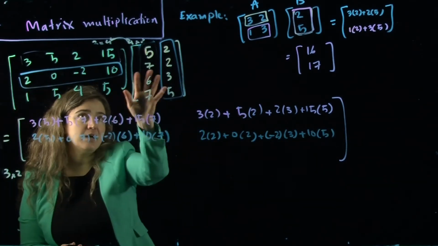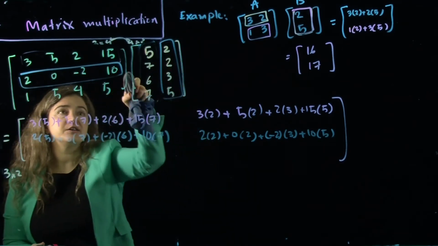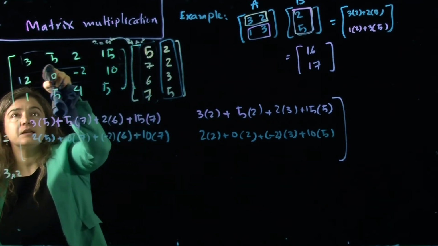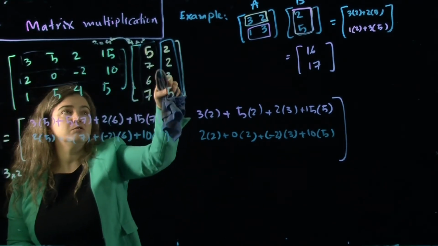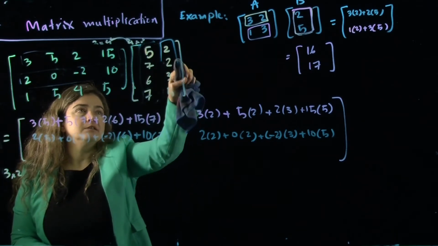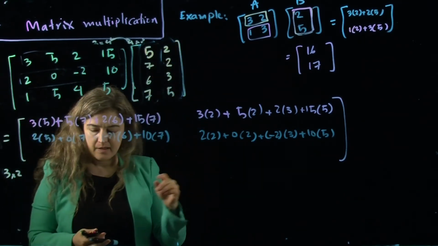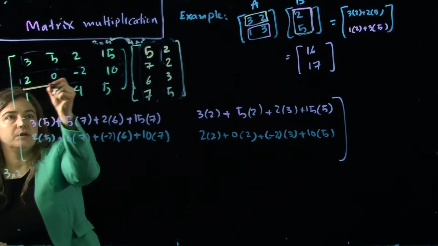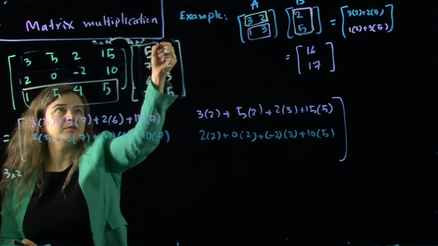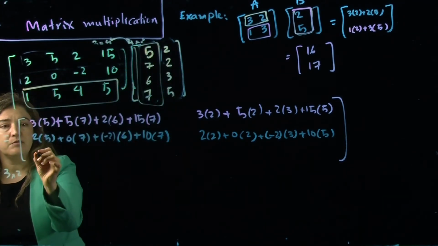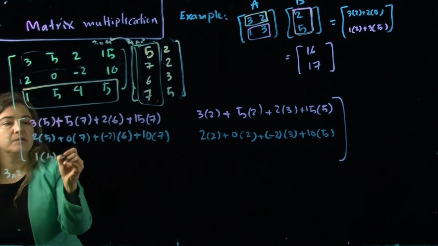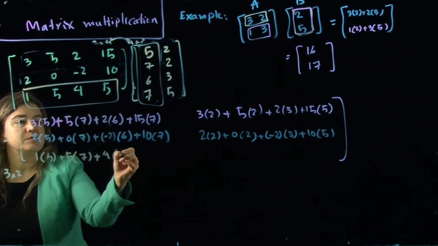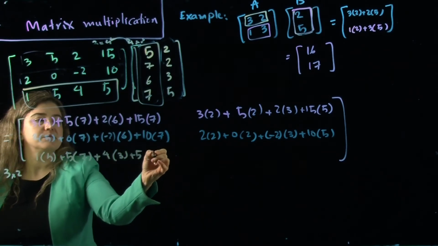Now, I'm done with all the columns, so I associated the second row with all the columns of the second matrix. Last thing is the last row multiplied by all the columns. So this time around, I'm going last row, first column, and I write 1 times 5 plus 5 times 7 plus 4 times 3 plus 5 times 5.